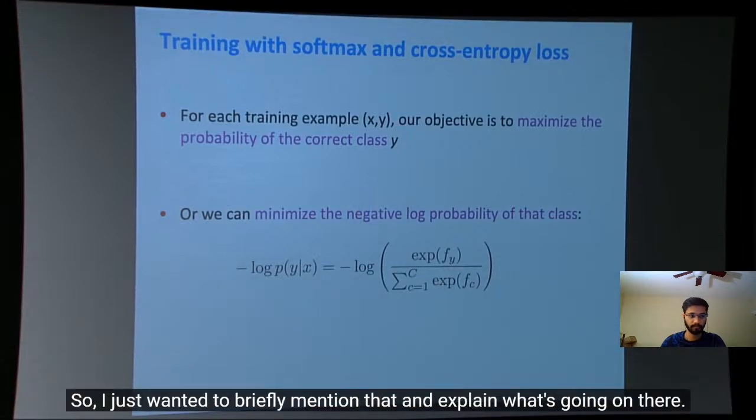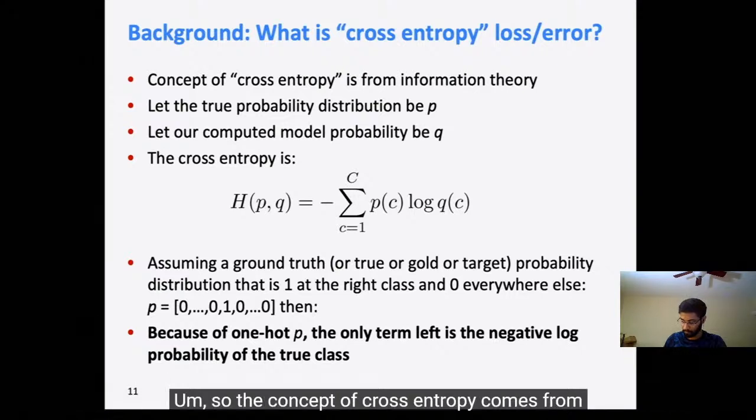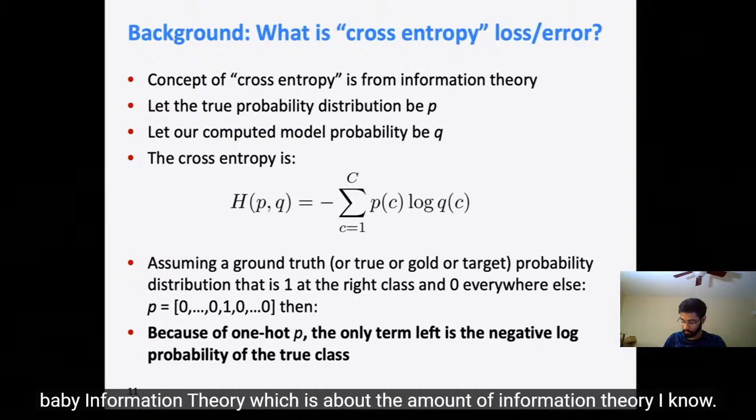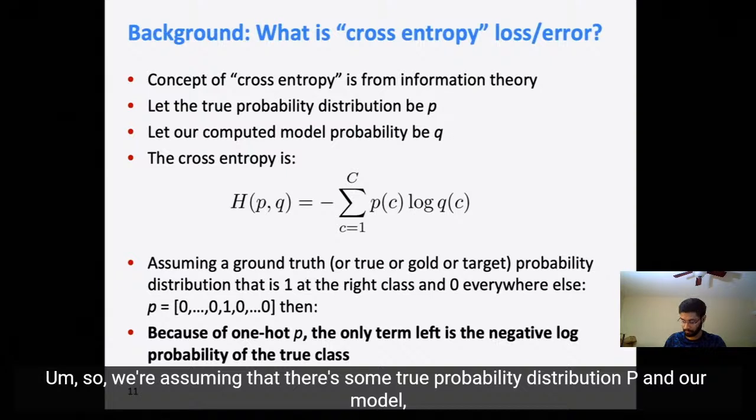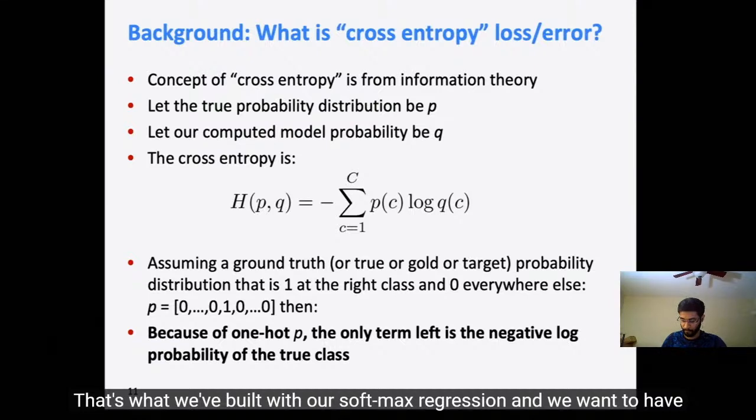So I just wanted to briefly mention that and explain what's going on there. The concept of cross-entropy comes from baby information theory, which is about the amount of information theory I know. We're assuming that there's some true probability distribution P, and we've built some probability distribution Q with our softmax regression.